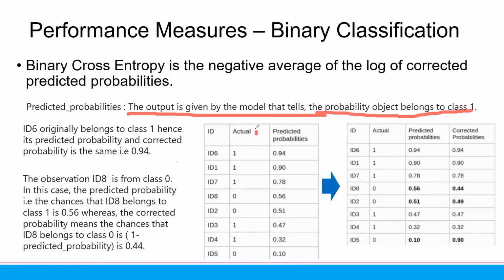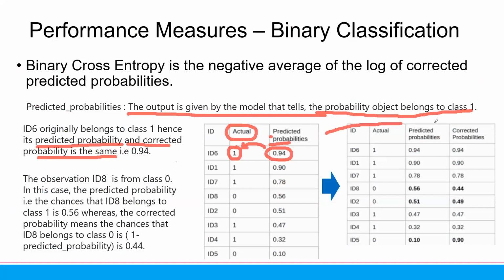If the actual is 1, then the predicted probability and the corrected probability are the same. Let's say I have this actual 1 and the predicted probability is 0.94. Then I know this prediction gives a high probability to class 1.